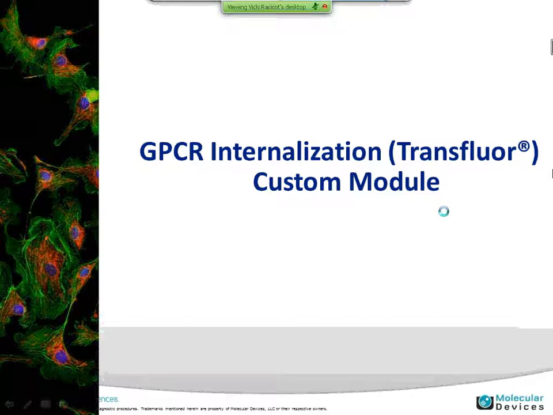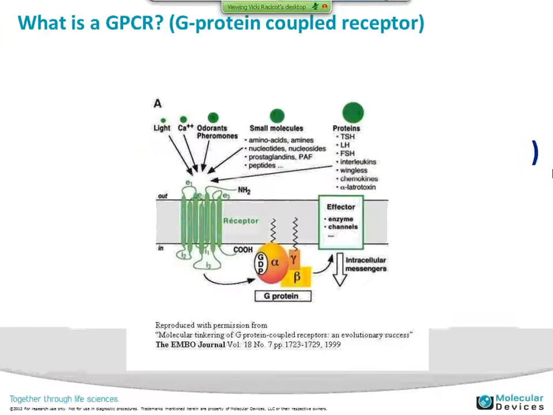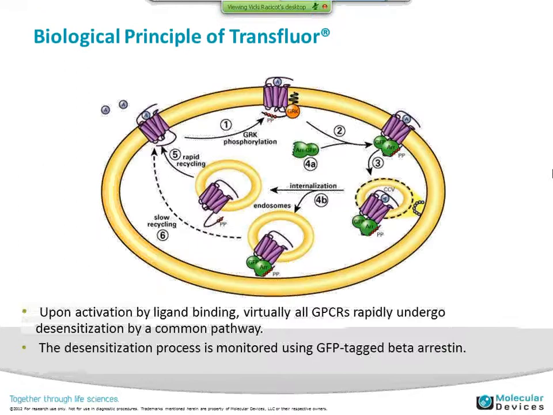The first custom module that I'd like to review is the GPCR internalization custom module. For those of you that are familiar with our Transfluor technology, it takes advantage of the fact that when a G-protein-coupled receptor of interest is stimulated by its ligand, it is then phosphorylated and internalized, which is part of the desensitization process.